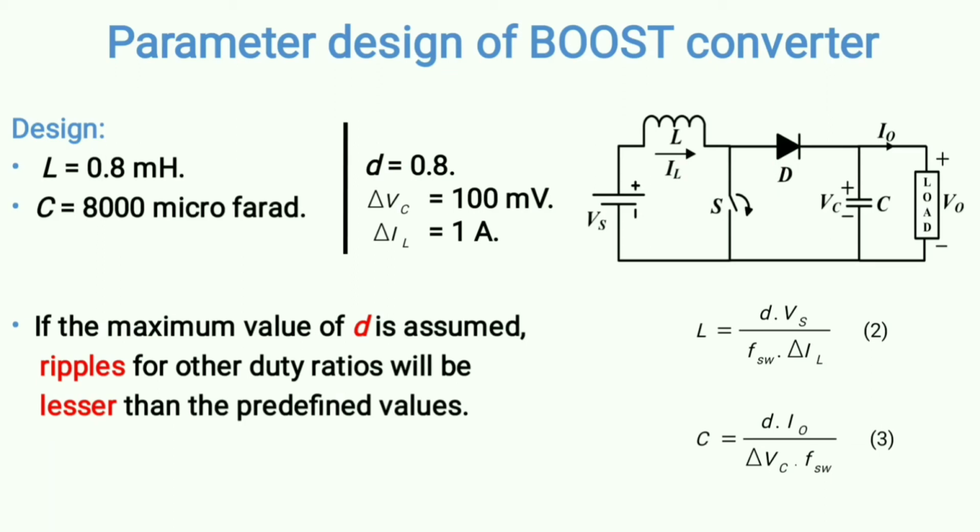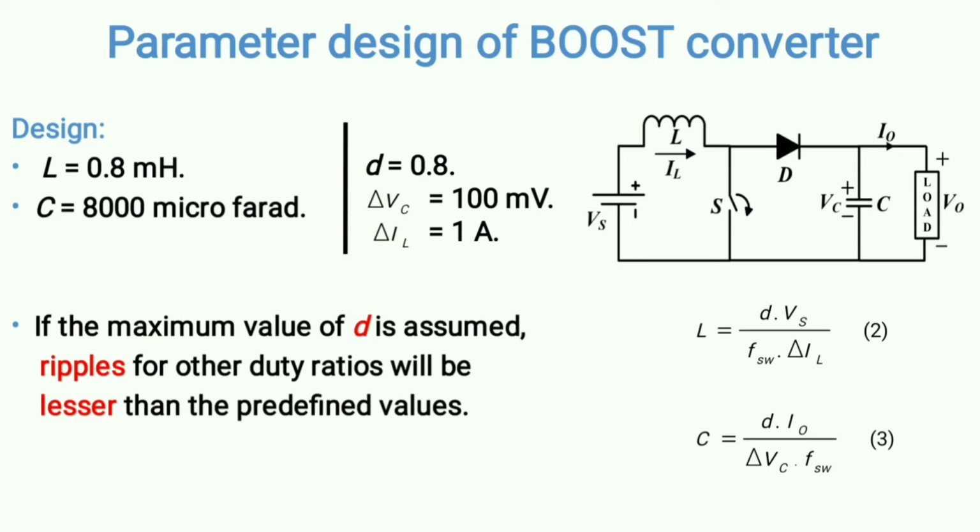That means if you choose a maximum value of duty ratio, the ripple which you are going to get will also be maximum in nature. Similarly, in this equation also, if you choose the maximum duty ratio, the capacitor voltage ripple will also be the maximum. That means these two values are the maximum values of ripples.